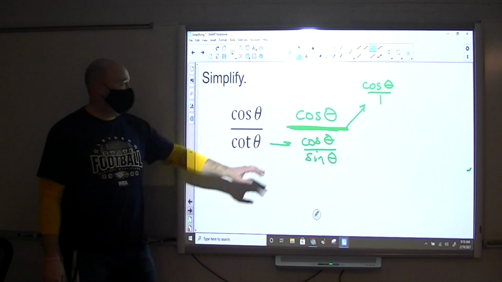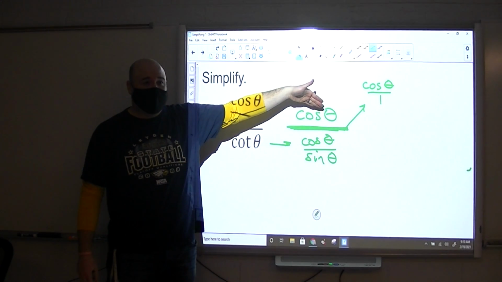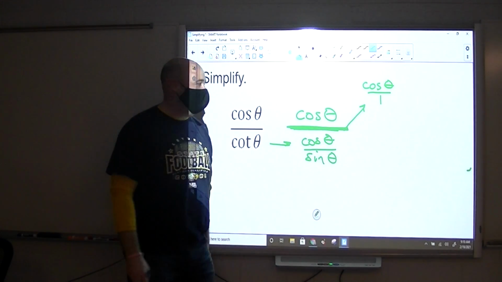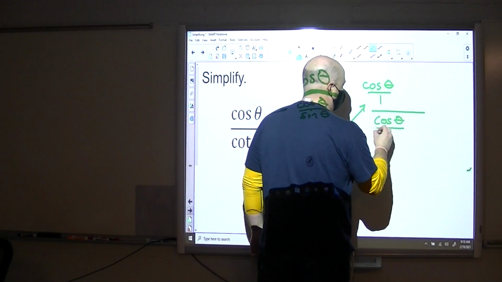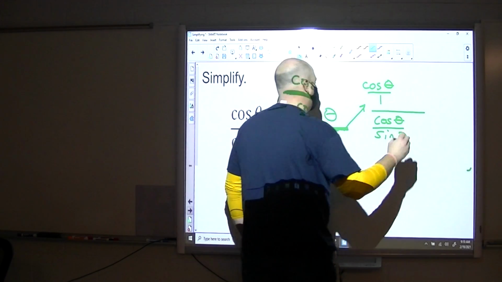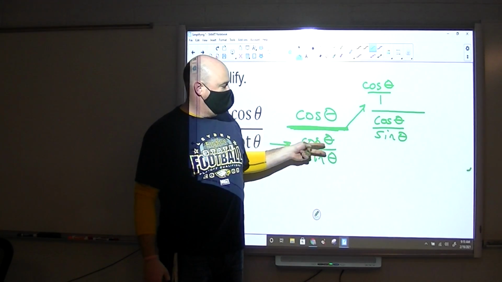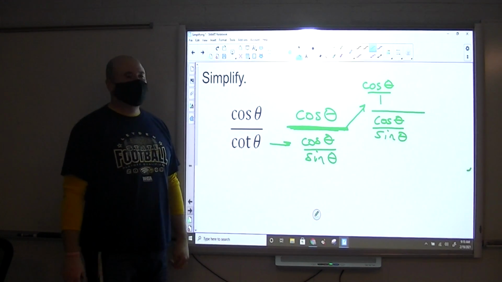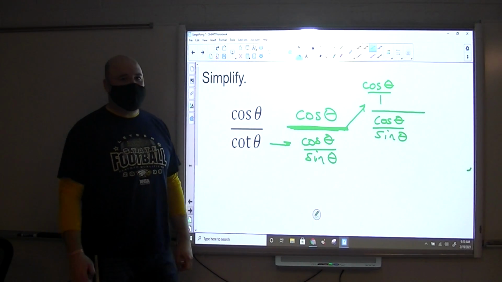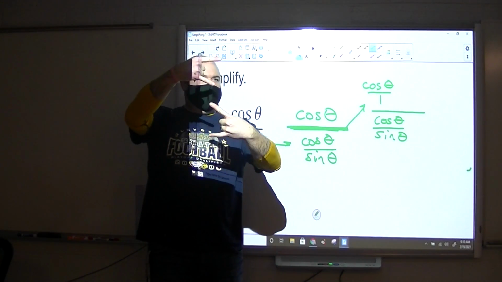If this is a fraction, I can make this a fraction by just putting a 1 underneath it. So really this problem is cosine over 1 all over cosine theta over sine theta. Now I have two fractions in a fraction.